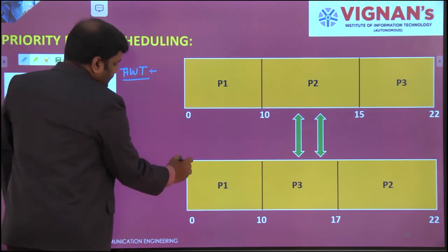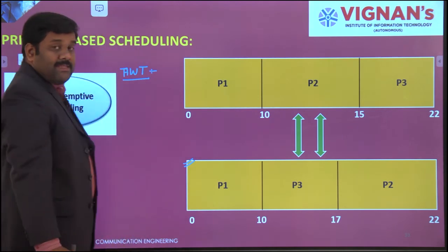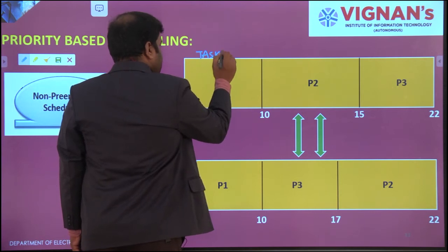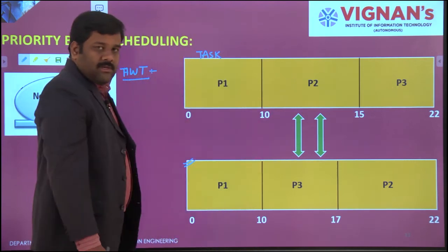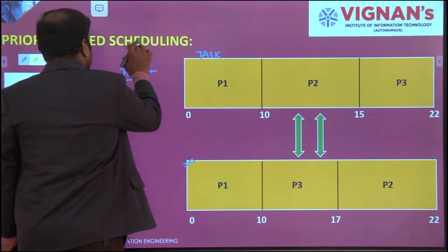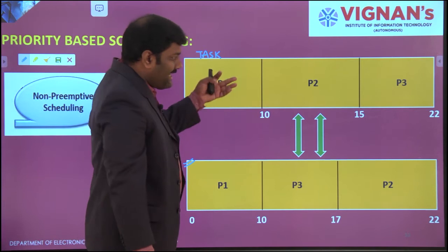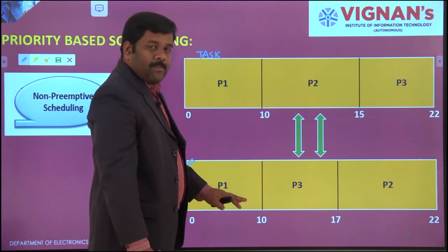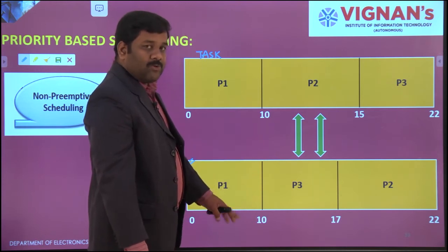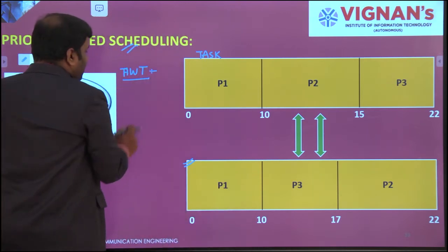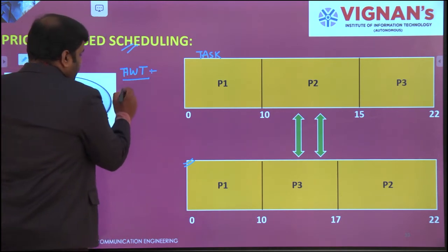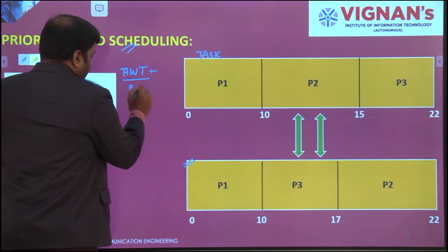Whichever task it may be, say one which has three processes, whenever you are using priority based scheduling, first you need to segregate the entire task in a priority based approach. Once that is done, then you need to calculate average waiting time, average execution time, and average turnaround time.